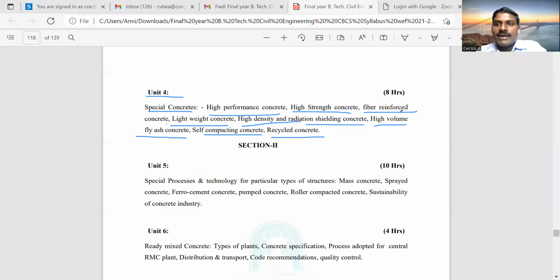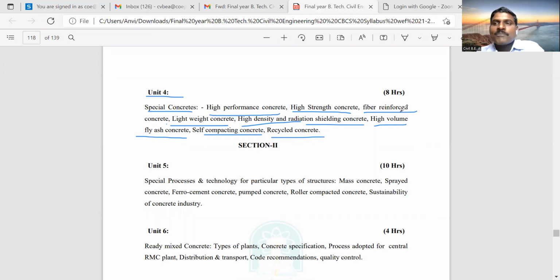These are the various types of concretes which we use in various locations, depending on the performance. What performance do we require? We require early strength. We have to use the concrete in water. We have to construct structures under seawater. If we have to prepare lightweight concrete, we require high density concrete.